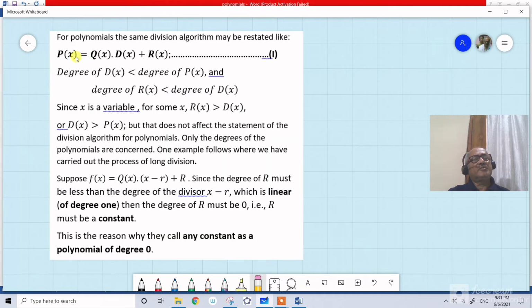Suppose we divide a polynomial p(x) by d(x).